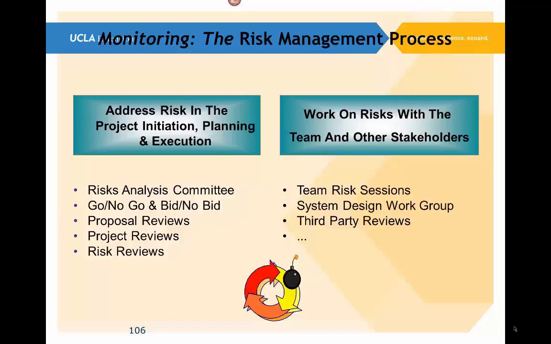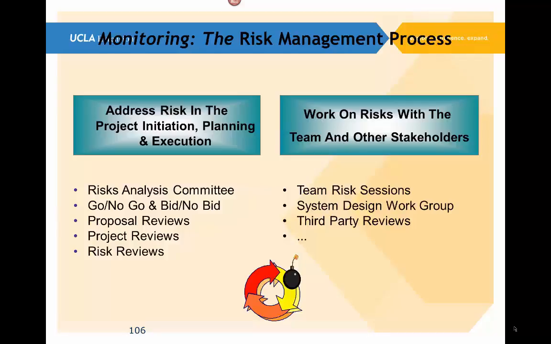Lots of dynamic activities that we can take that keep us current on the status of our risks and also keep us current on what the project status looks like and how we're doing on the risks that we've taken under mitigation or the risk events that have happened, and how we are recovering from those.